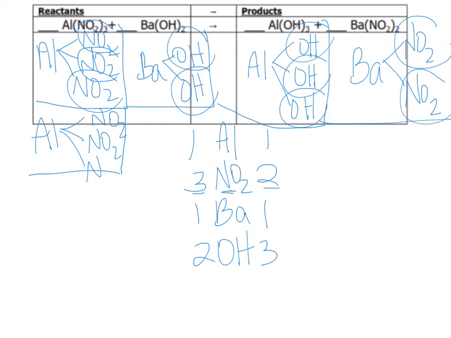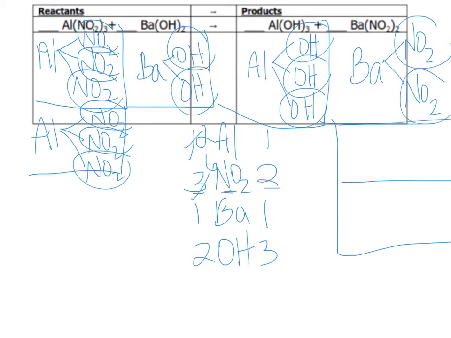If we draw another one of these, then our ALs will be 2 and our NO2 will be 6. So now I'm going to go to the product and make that one also 6 NO2s.